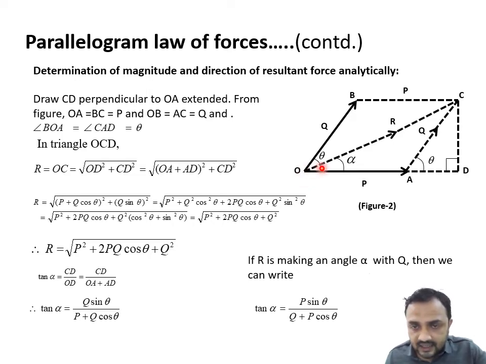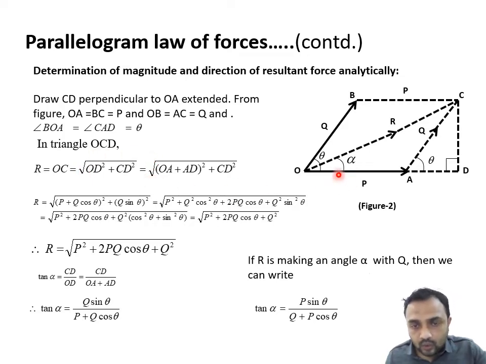Here h is the hypotenuse, which is OC. So OC square is equal to OD square plus CD square. What is OD? OD is equal to OA plus AD. So OC is equal to square root of OD square plus CD square.